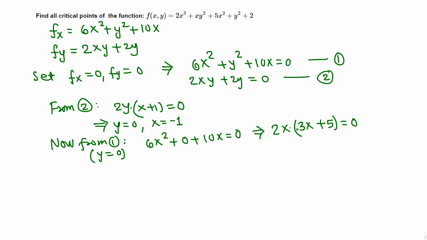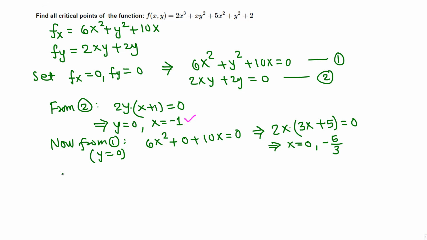So we got a product of two things equal to 0. That means either 2x equals 0, which gives x equals 0, or 3x plus 5 equals 0, which gives x equals negative 5/3. So we got 2 points in fact: when x is 0, y is 0, and x is negative 5/3, y is 0. So there are two critical points here.